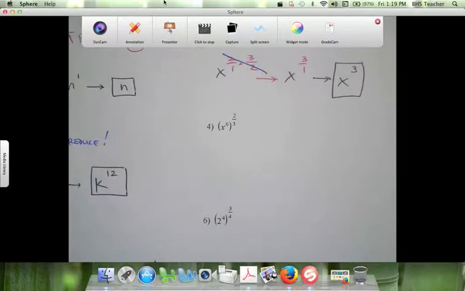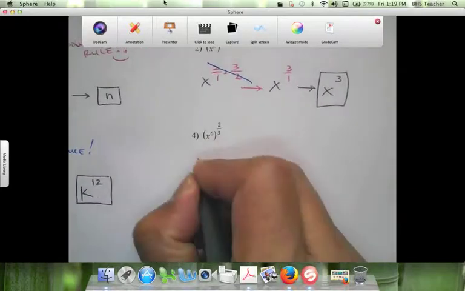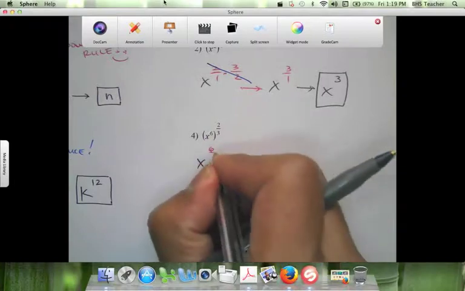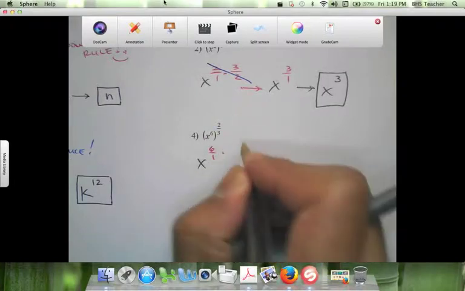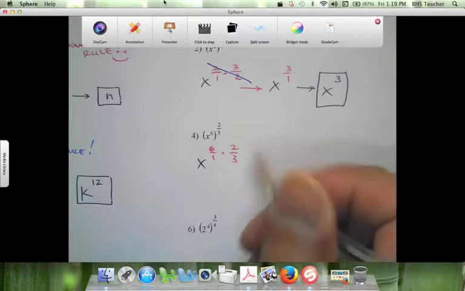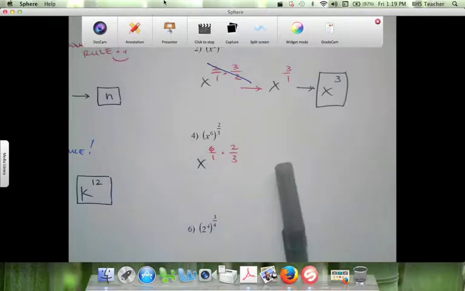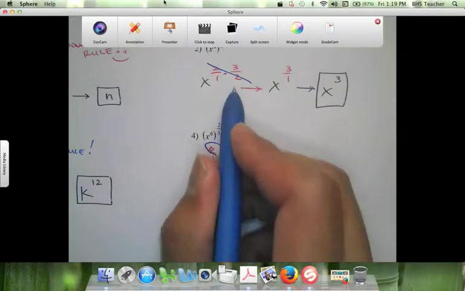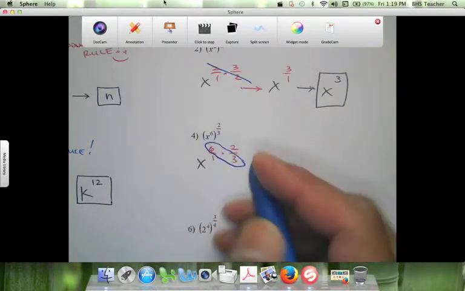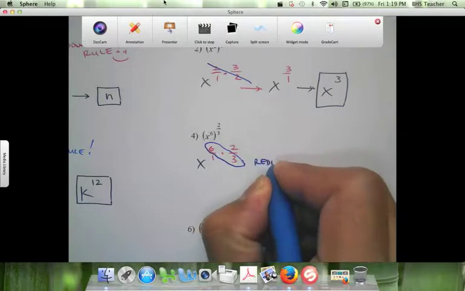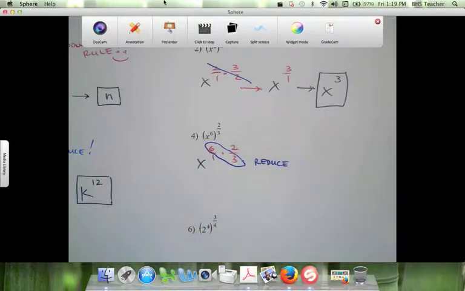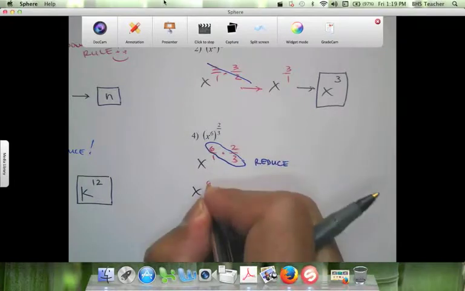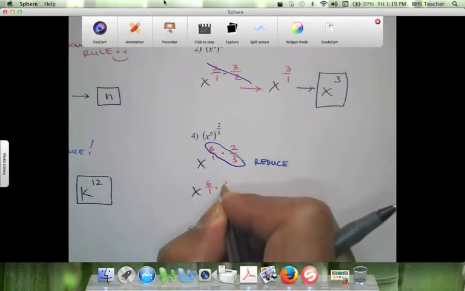Okay, number 4. X to the power of 6 over 1. The 6 is 6 over 1 times 2 over 3. These will reduce. They don't divide out the way these divided out. These don't match, so you can reduce. Well, let me write it again. 6 over 1 times 2 over 3.